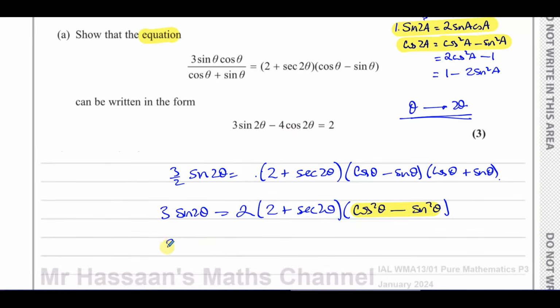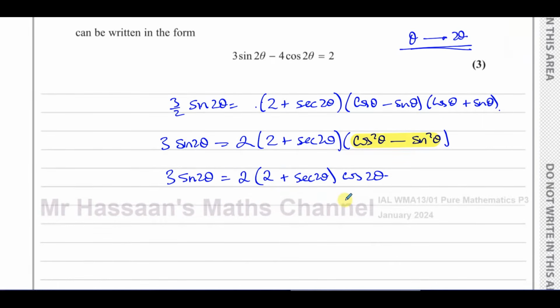Okay, so I have 3 sine 2 theta equals 2 times 2 plus secant 2 theta times the cosine of 2 theta. So now all my angles are double angles, and hopefully if I just expand the brackets here, everything will fall into place.